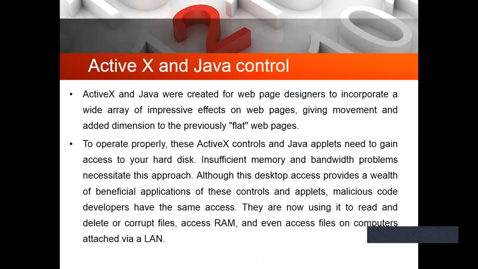The last virus we'll see is ActiveX and Java control. Whenever we speak of ActiveX and Java controls, we come to know that these two are related to web pages. All web browsers have the settings of ActiveX and Java controls within them.